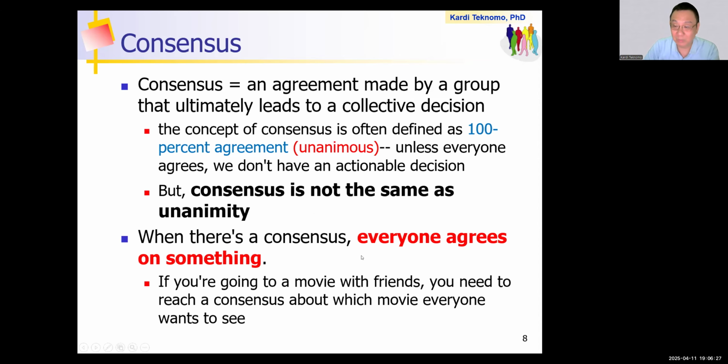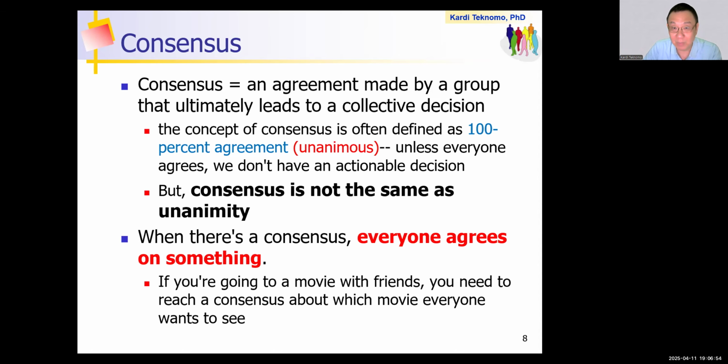In contrast, if you understand that consensus is better than unanimous, then when there is a consensus, everyone just agrees on something. For example, you want to go to a movie with friends. To reach consensus, everyone wants to see that movie, but it doesn't mean that everyone must agree, right? So consensus is usually computed as majority.